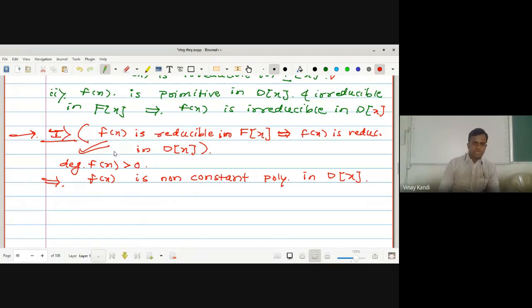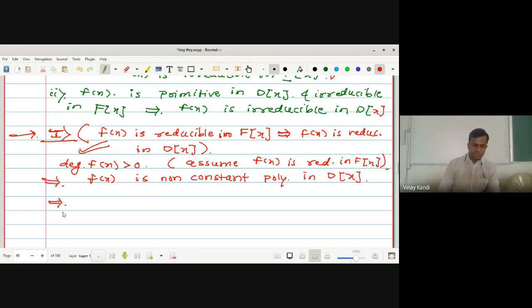In the first part we are assuming f of x is reducible in F of x. First assume this f of x is reducible in capital F of x. So my f of x is reducible and it is non-constant.